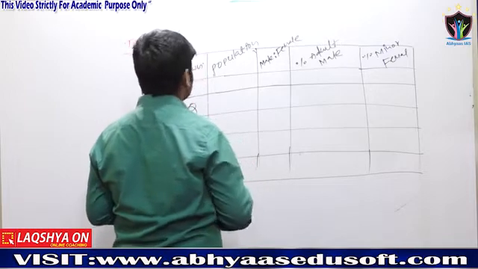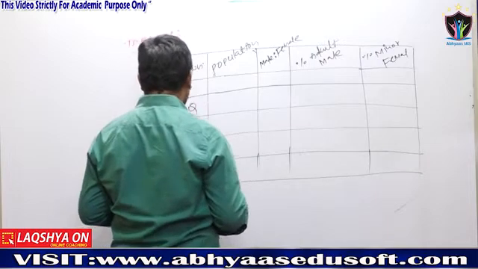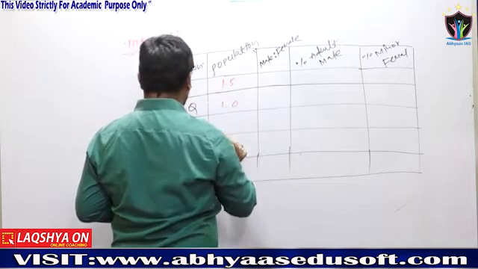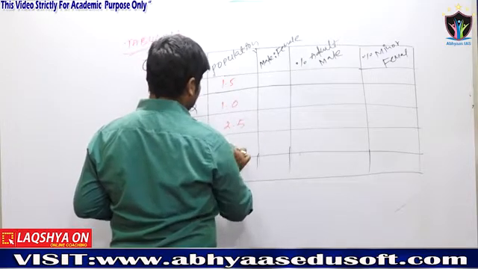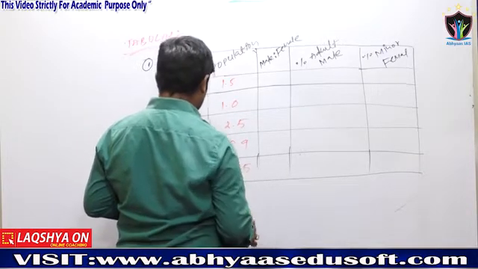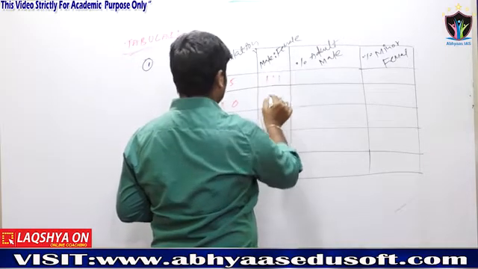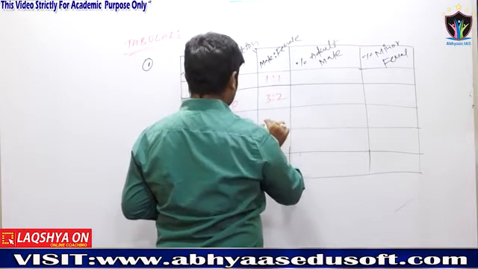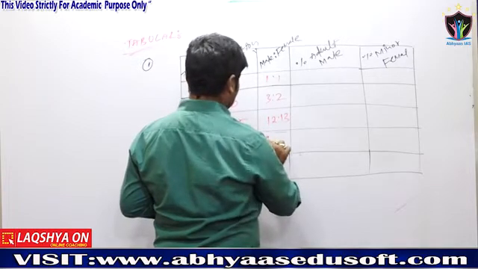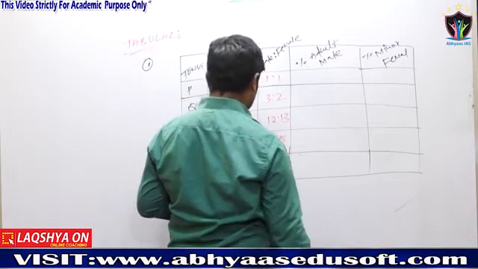So the populations here are 1.5, 1.0, 2.5, 0.9, 4.5. Male to female: 1 to 1, 3 to 2, 12 to 13, 4 to 5, and 7 to 8.